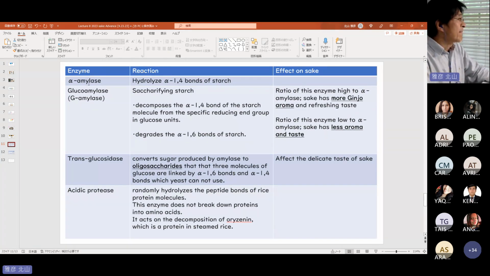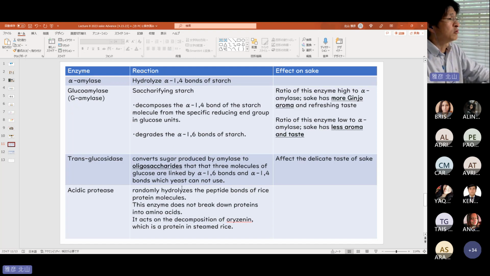If the koji fungi has more alpha amylase activity than G amylase, the sake will have less aroma and less taste. So if we want more aroma and more taste, we had better choose koji with more G amylase activity than alpha amylase activity.